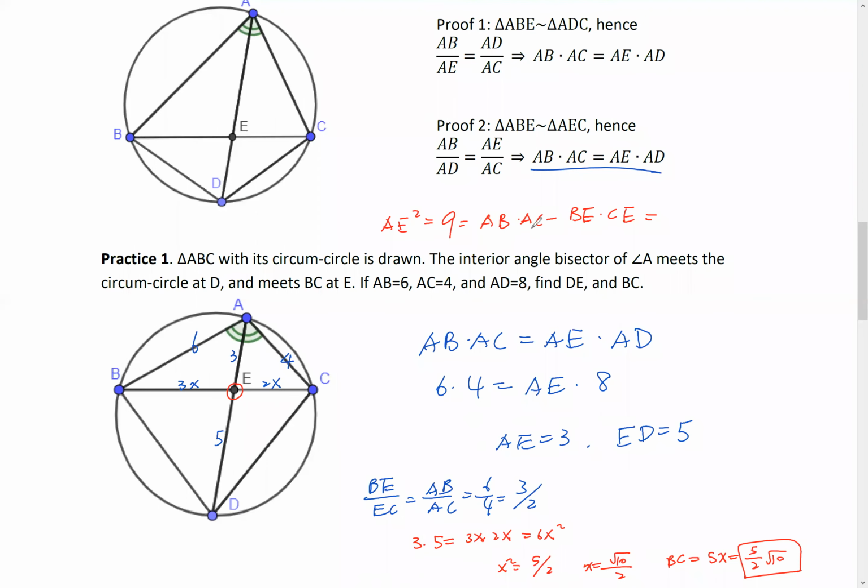So that is 24 minus BE times CE, which is again 6x squared. So 6x squared equals 24 minus 9, so x squared equals 5 over 2. And that was what we had before. And the rest, I guess, is the same, right? You can solve for x, and then BC is 5x.